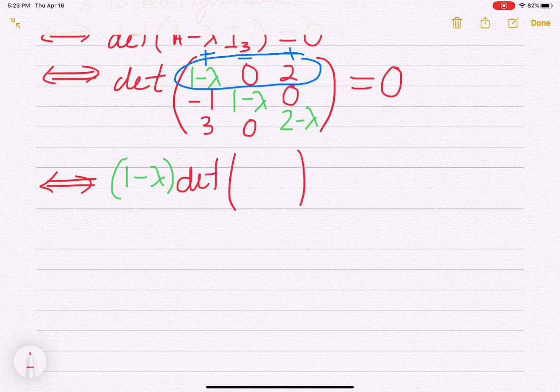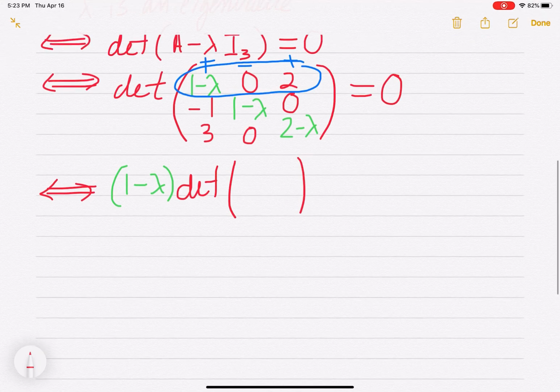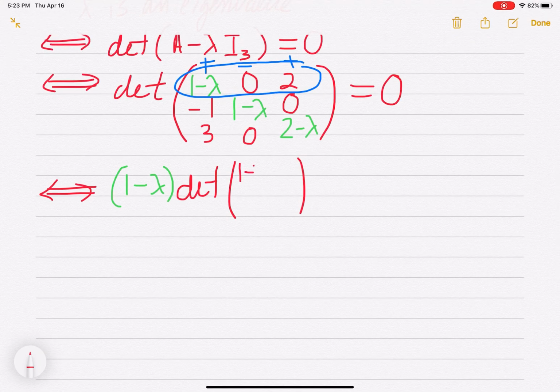Determinant of 1 minus lambda, 0, 0, and then 2 minus lambda. Okay, I covered up the first row and the first column. My second entry along that first row, I don't really need. I just get a minus 0.